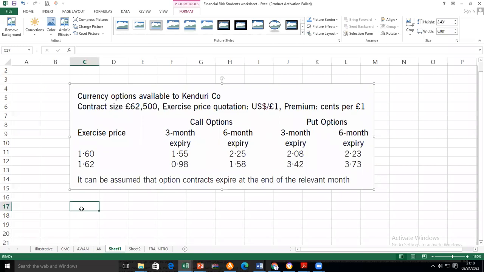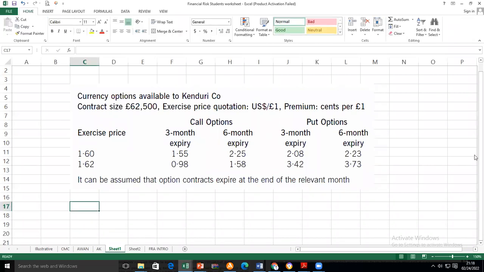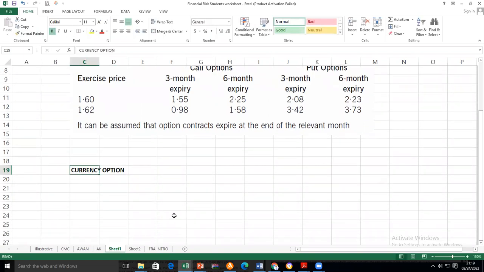So let us take off. Currency option, step by step. Step 1.